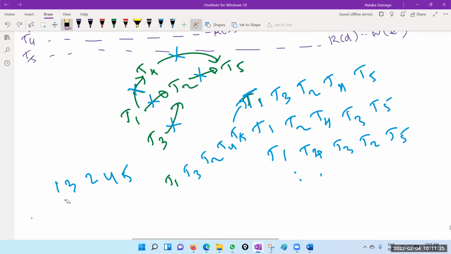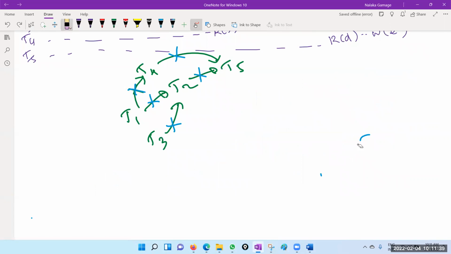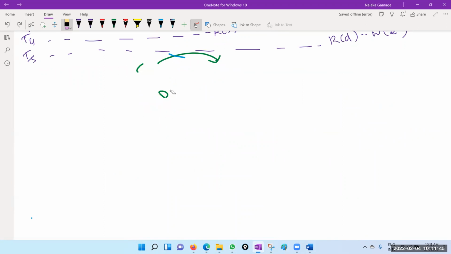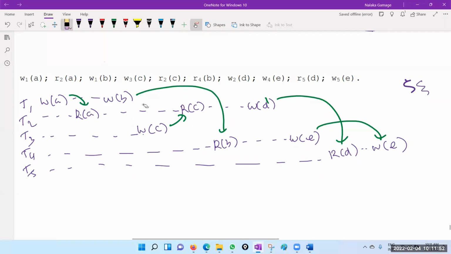So I'm going to erase this. Right. So anyway, I don't need the dependencies for that part.